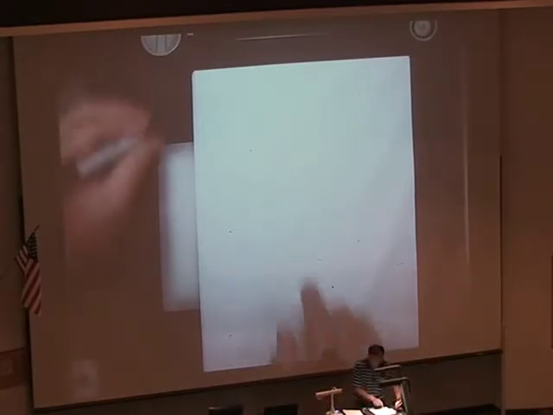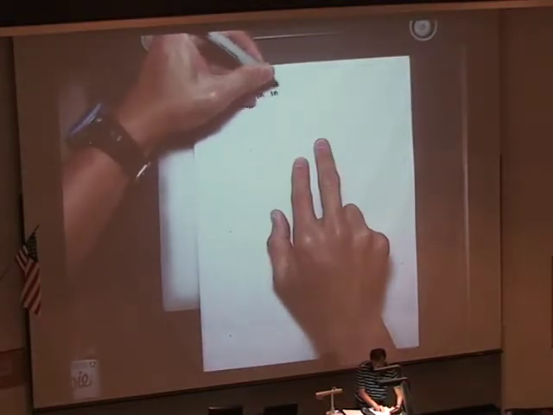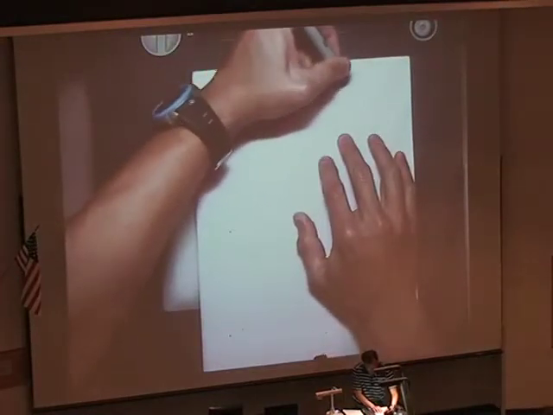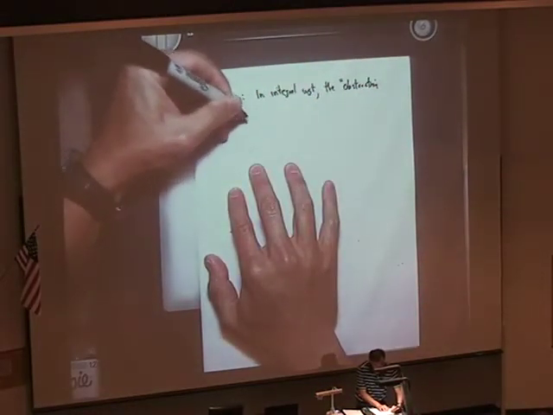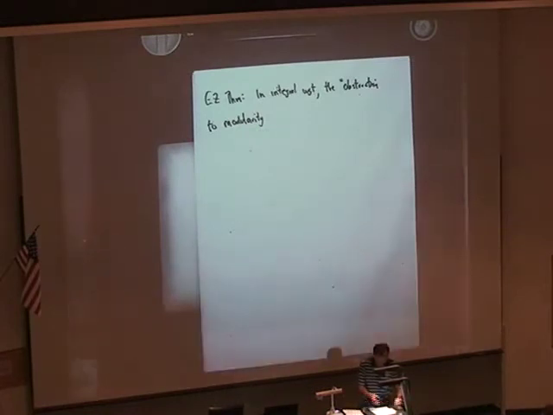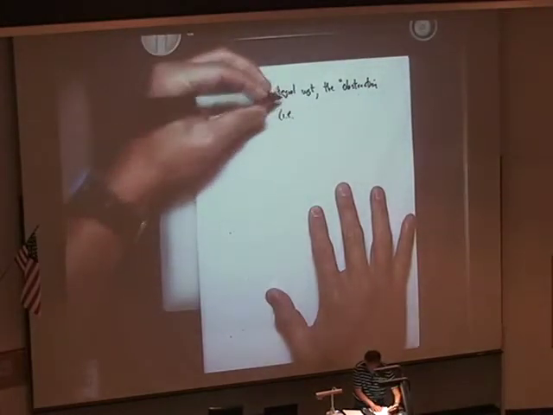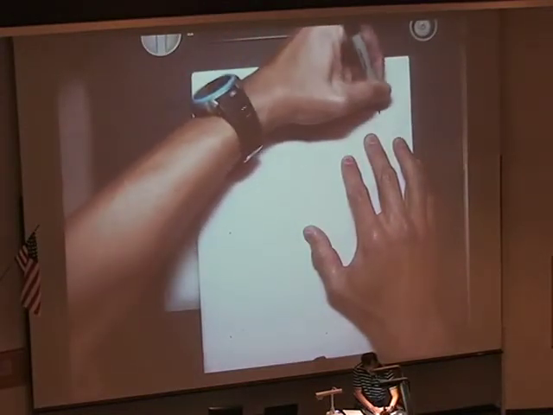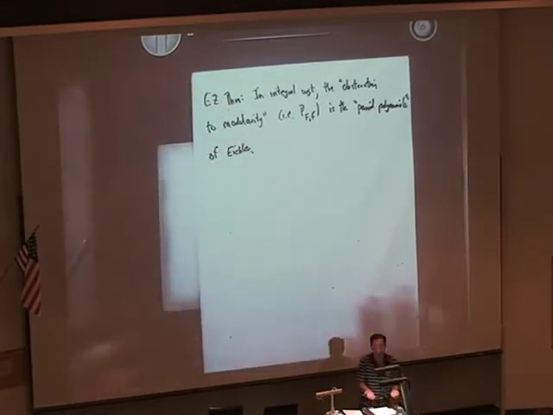What I want you to think of when you see this easy theorem, to paraphrase, is that in integral weight, and this is the case of SL2Z, the obstruction to modularity, that is P f of f, is just the classical period polynomials of Eichler. In other words, it's the generating function for these critical values.